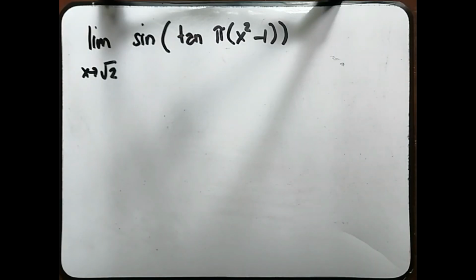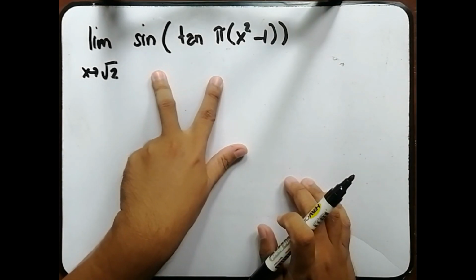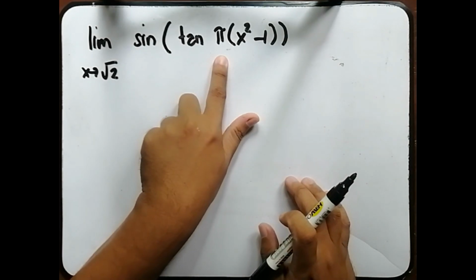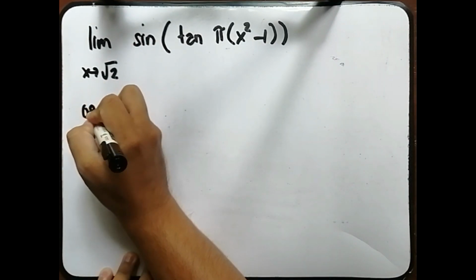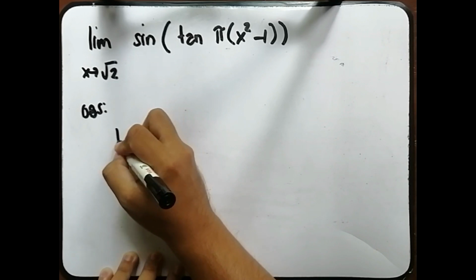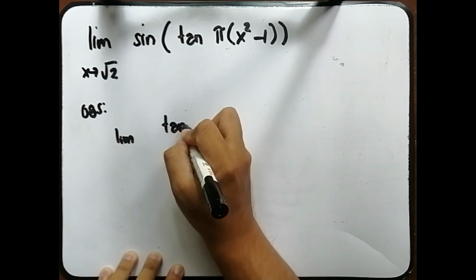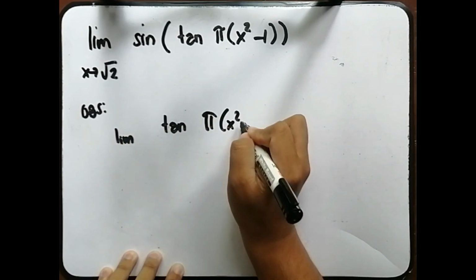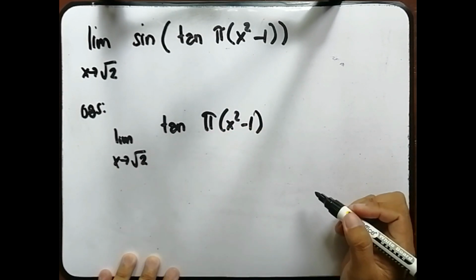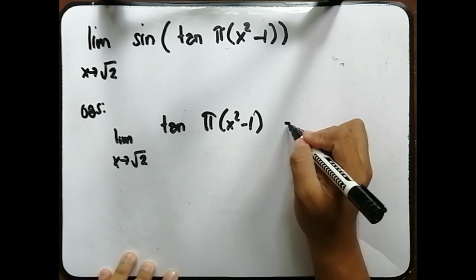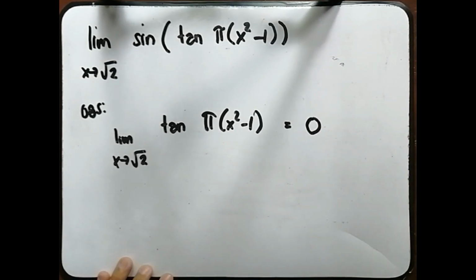So let's evaluate the limit of sine of the tangent of pi times x squared minus 1 as x approaches square root of 2. So ito, meron ulit tayong dalawang function. Meron tayong g of x dito, tapos yung ating f of x. Observe that the limit of tan of pi times x squared minus 1 as x approaches square root of 2 is just equal to 0.